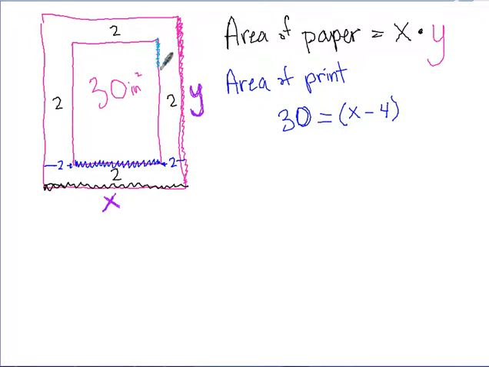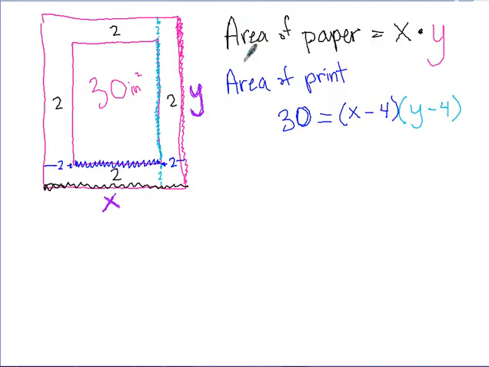Similarly for the Y value, the height of this printed area: normally the whole entire thing would be Y, but then I subtract off 2 inches from the top margin, and I also have to subtract off 2 inches from the bottom margin. So the height of this is going to be the Y value minus 4 also. So here I have two different area equations.